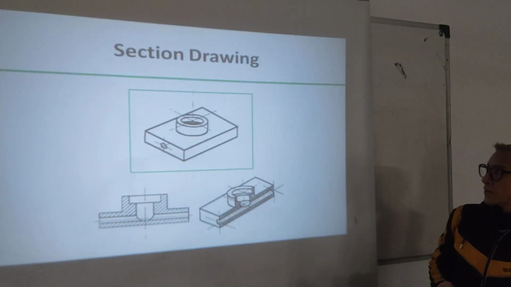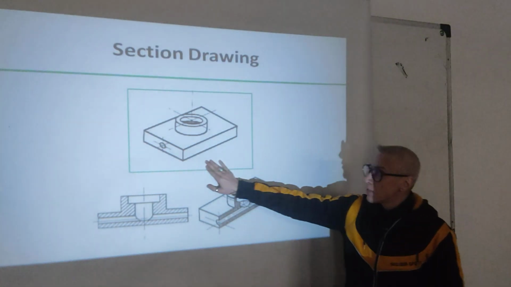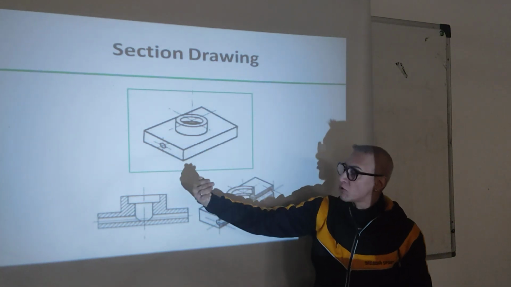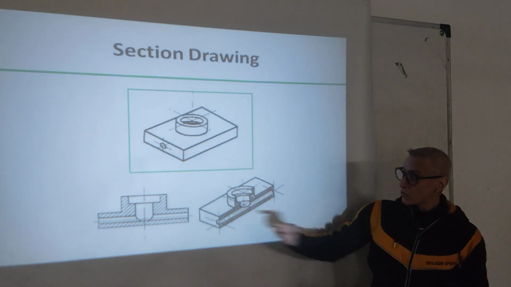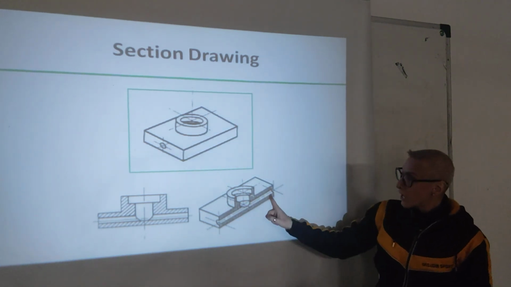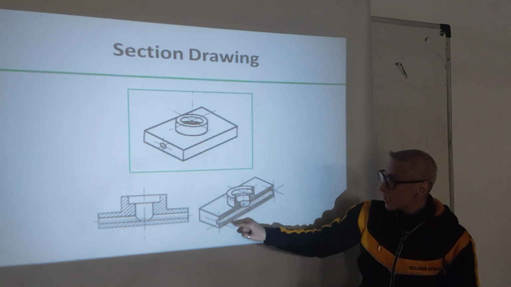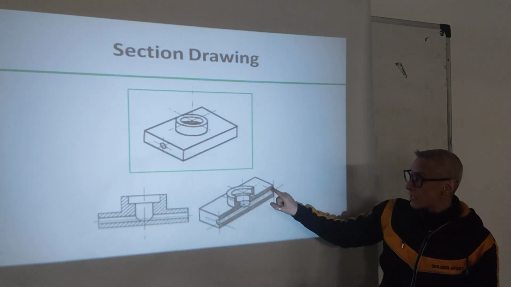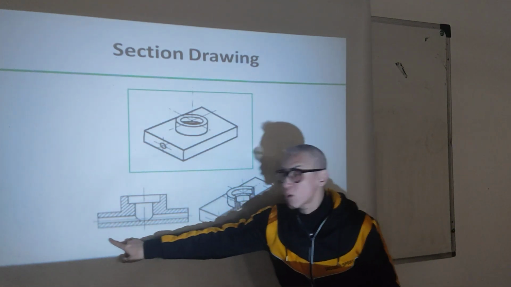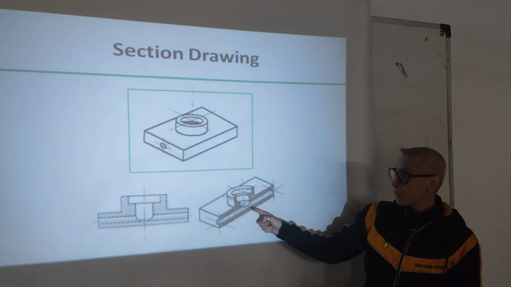Here is one example. So here we have this object, and it is cut in the middle, like an imaginary cut in the middle, like this. So one half is removed, and then the other part shows basically what is going on inside. Now this is an orthographic view of this section.